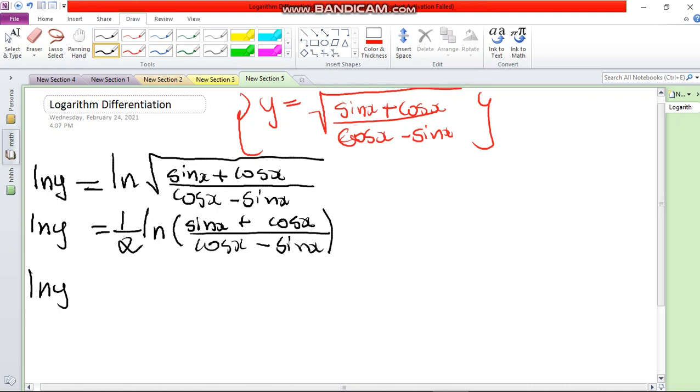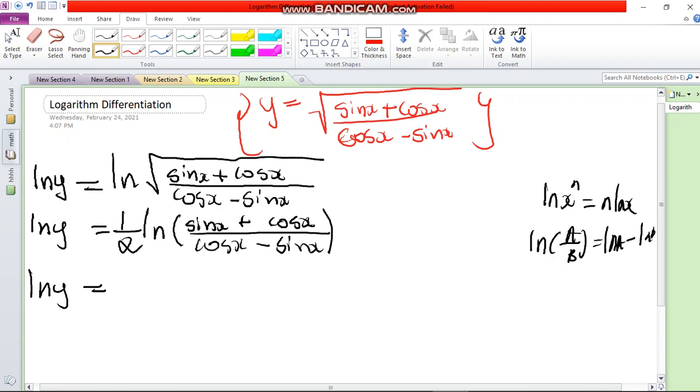I still have my ln y, so I'm not yet differentiating, I'm simply simplifying using my laws of natural logs. This was the first law. If you have ln x to power n, you can write this as n ln x. This is what I did in this step. So let's continue. If I have ln a over b, this can be ln a minus ln b.